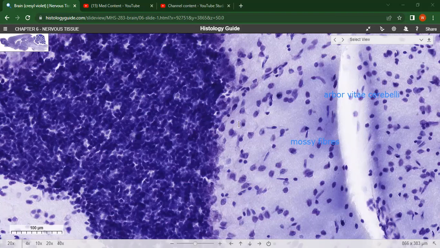An overview: we have the outer molecular layer, a Purkinje cell layer, then the inner granular layer. The cell types in the molecular layer are the stellate and basket cells, but it has numerous dendritic arborizations of the Purkinje cells. Then the Purkinje cell layer. Then the inner granular layer has granule cells and a few Golgi cells. I've said the dendrites of the granule cell usually synapse with the mossy fibers.